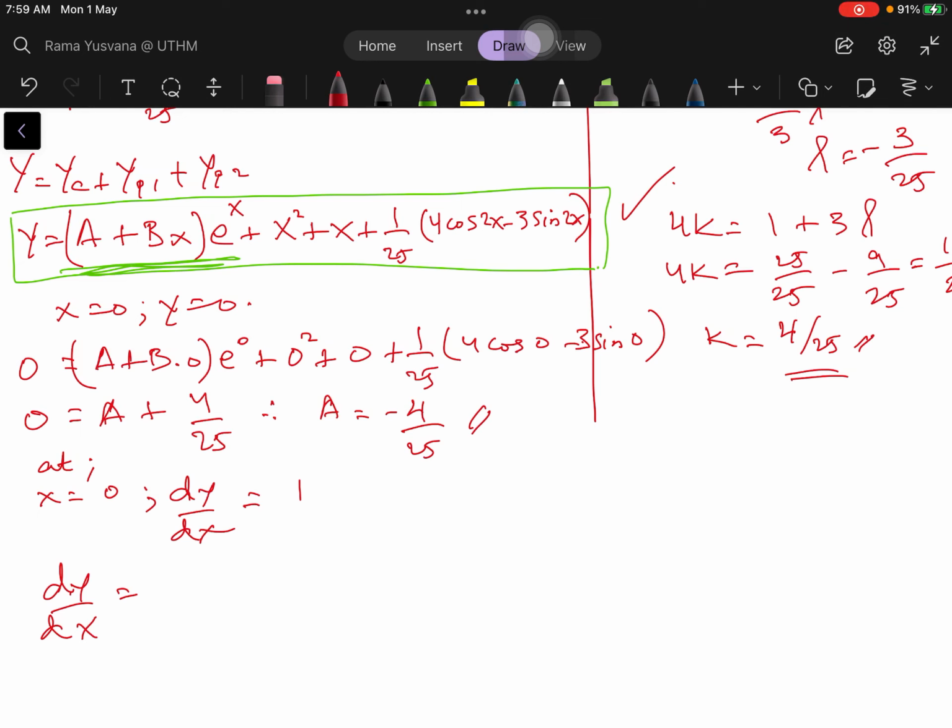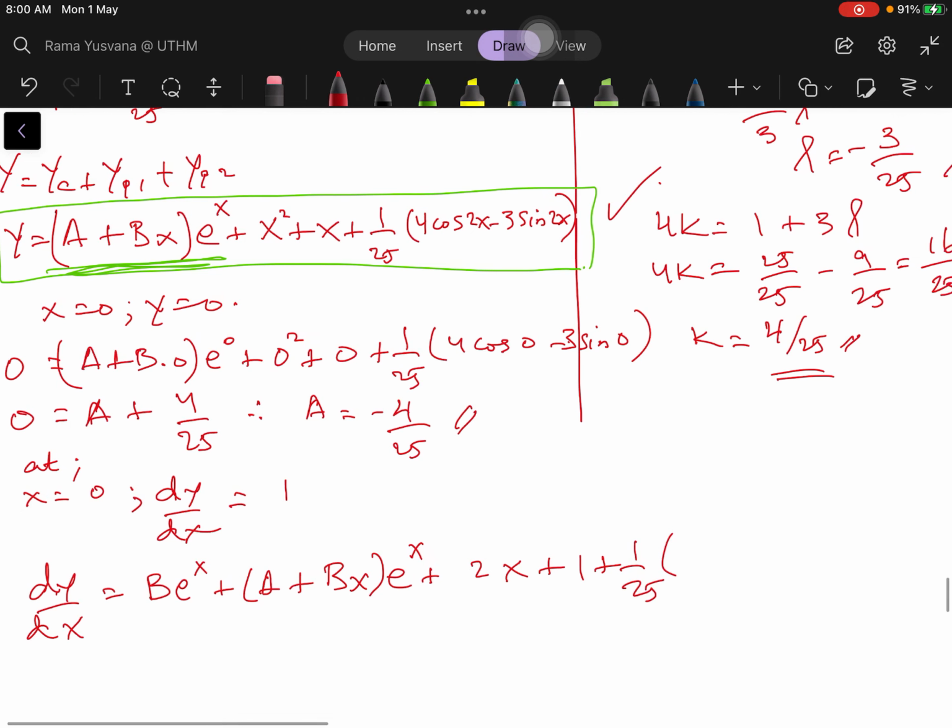The first derivative gives b times e to the x plus (a plus bx) times e to the x, using the product rule. The second part is normal: 2x plus 1.